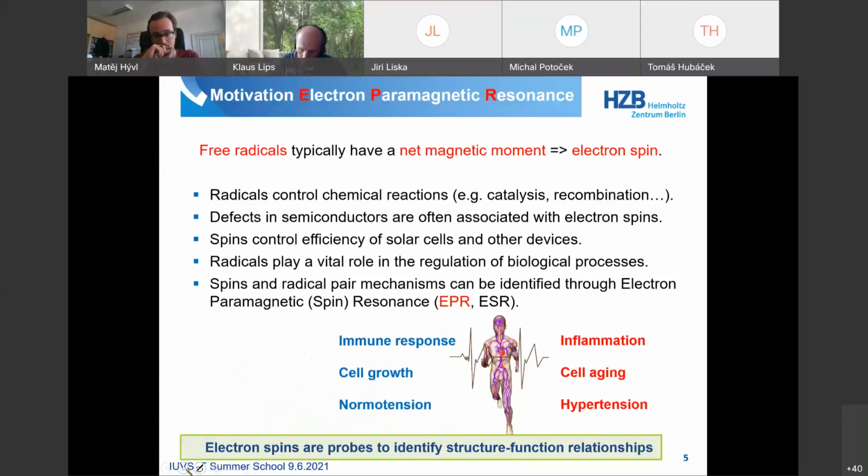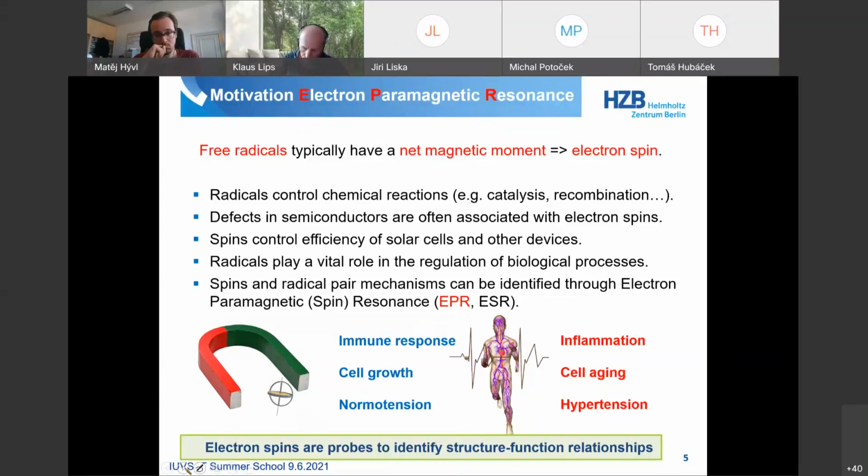To do that, we have to lift the degeneracy of the spin state, and we do that by putting it into a magnetic field. Then spin up and spin down have different energy splittings, and you can do very nice spectroscopy from which you then learn something about the environment. That's what I will talk about today.